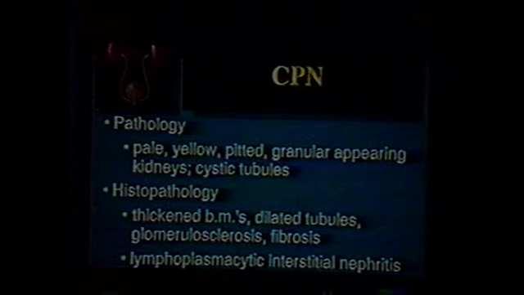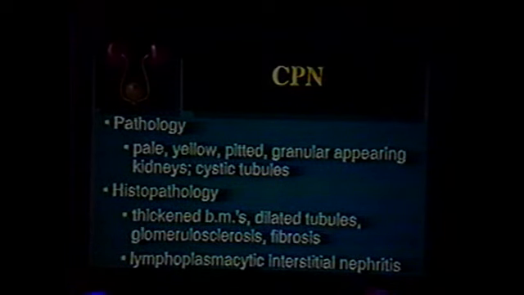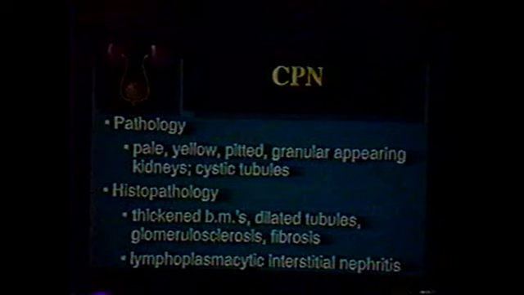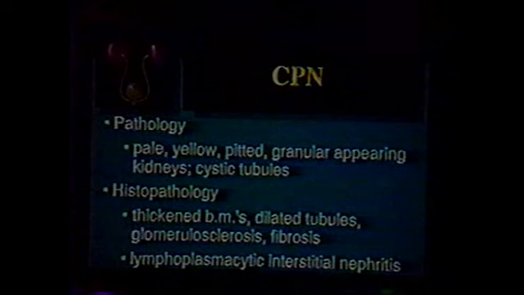Microscopically, the picture, including the electron microscopic picture, is dominated by thickened basement membranes, dilated tubules, glomerular sclerosis, fibrosis, and lymphoplasmacytic interstitial nephritis. These are all very common lesions that we're used to seeing in chronic renal failure in companion animal patients. So some of this just kind of all goes together, I think.